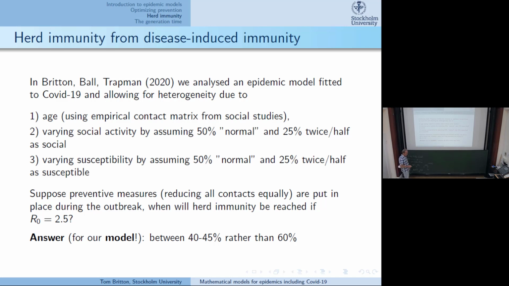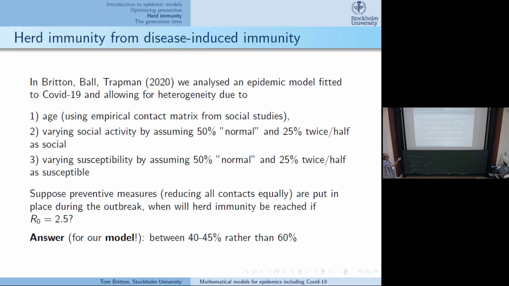Within each group, we categorize individuals into three categories: the normally socially active, some that are slightly less socially active, and some that are more socially active. We said, let's say that 50% are normal, and 25% are half as socially active and 25% twice as socially active. So the mean does not equal this normal.